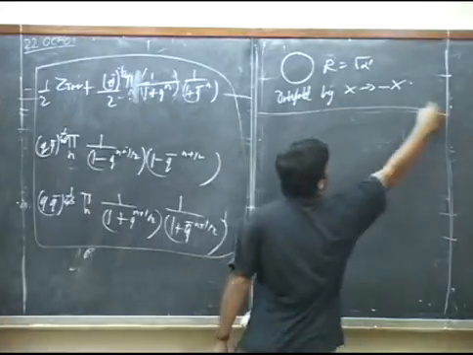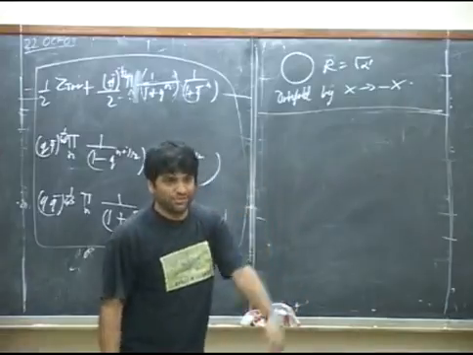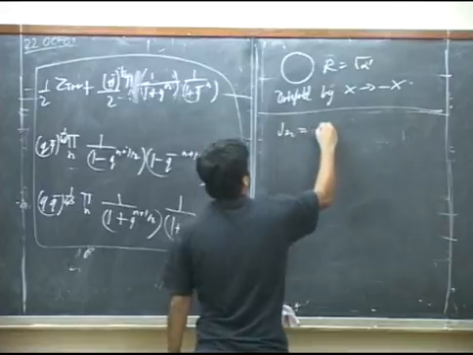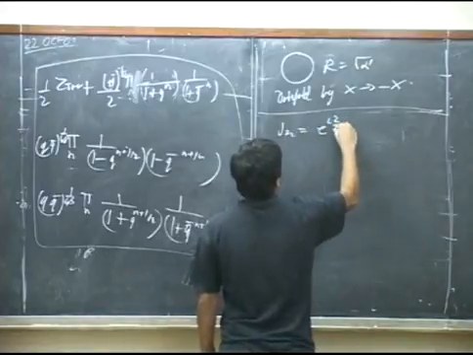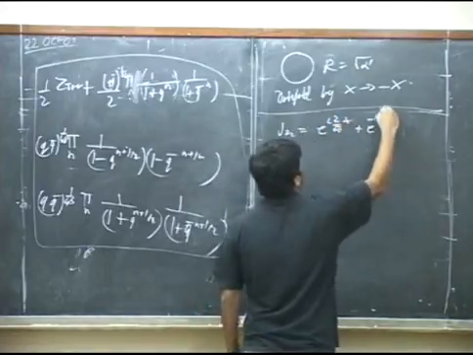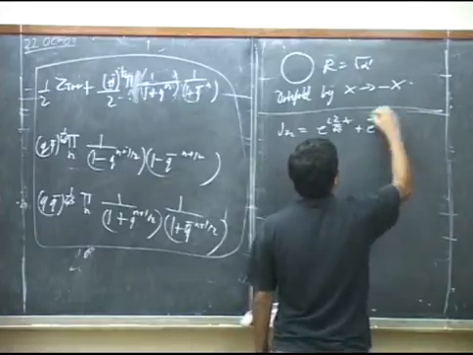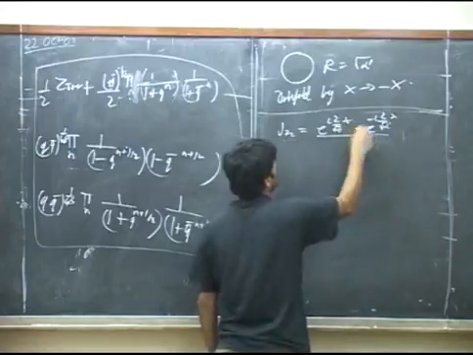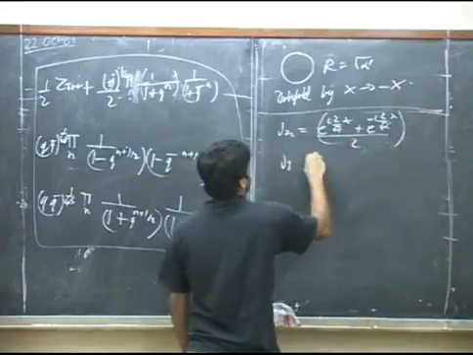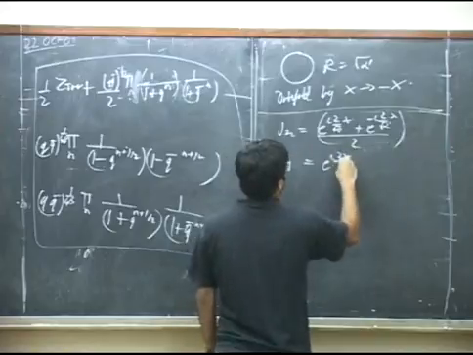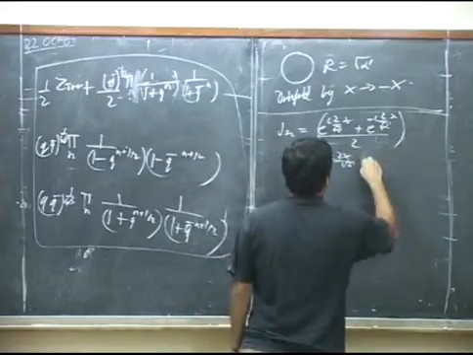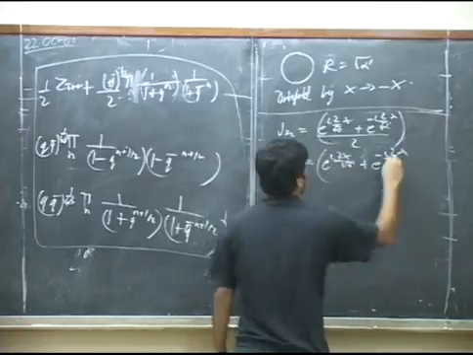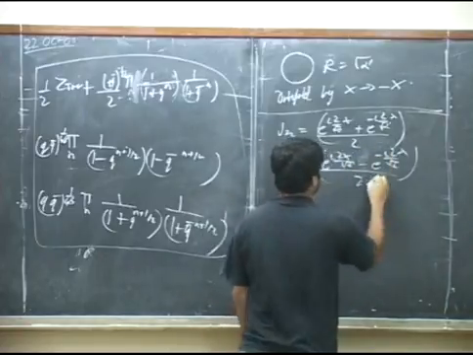Let's look at what happens to the currents of the SU2 times SU2 as x goes to minus x. Jx was equal to e to the power 2i by square root alpha prime x plus e to the power minus 2i by square root alpha prime x, over 2. Jy was equal to e to the power 2i x by square root alpha prime minus e to the power minus 2i by square root alpha prime x, over 2i.